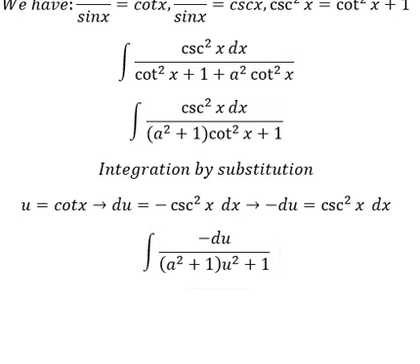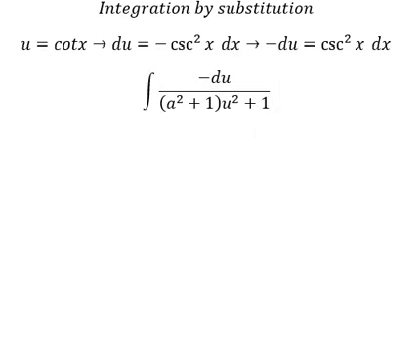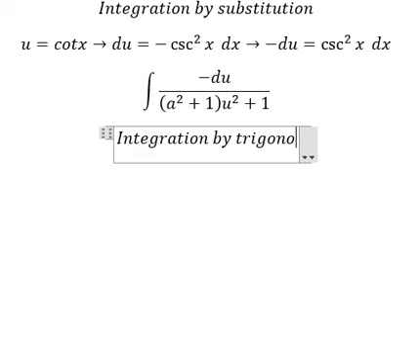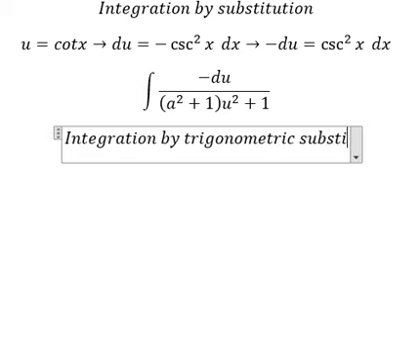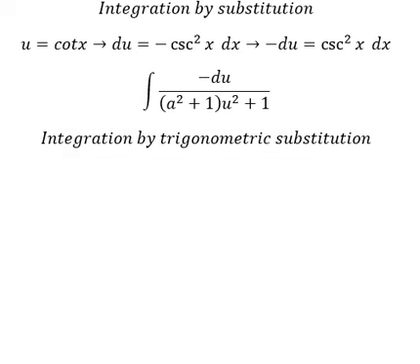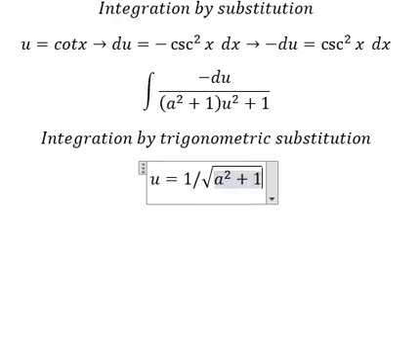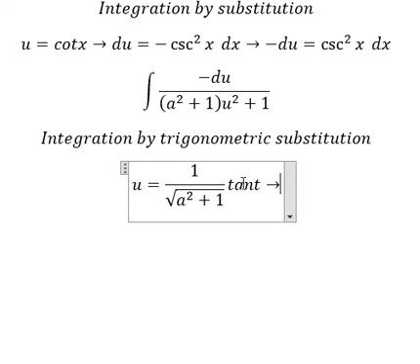Now we can use integration by trigonometric substitution. So I will put u equals to 1 over the square root of a squared plus 1 tan t.